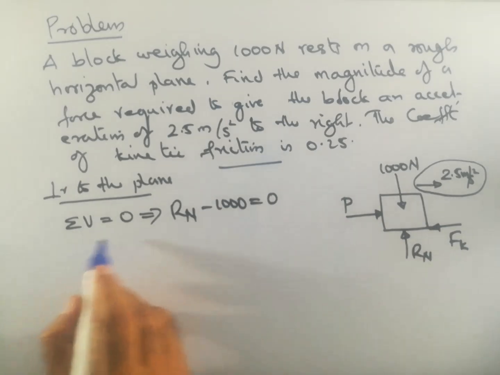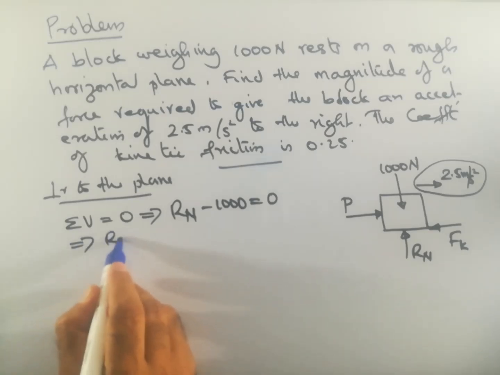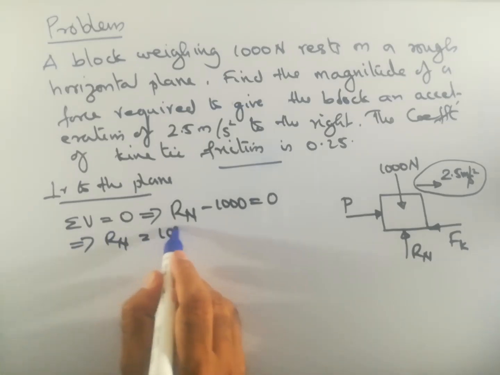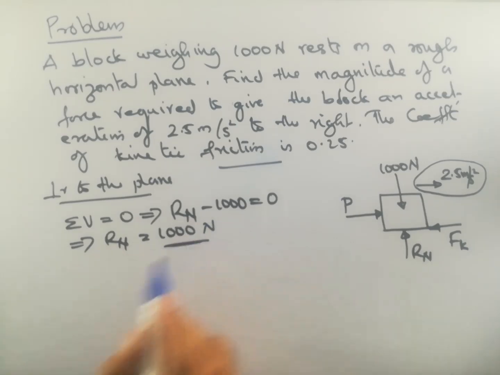So this will give you Rn equal to 1000 Newton. So normal reaction is 1000 Newton. Okay.